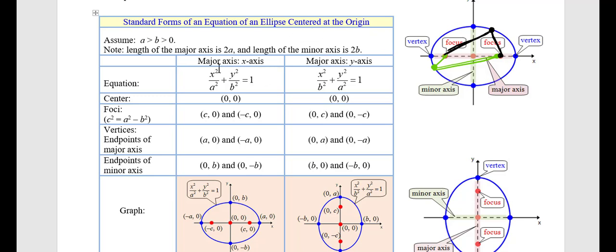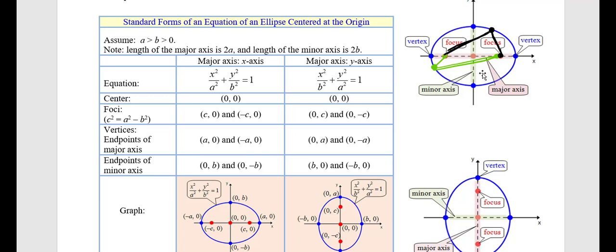So these are really the equations of these pictures we're picturing here, but in both of these equations, we're saying the length of the major axis is 2a. So whatever squared value we have here, that value without the square, that's like the distance from the center out to the vertex. From vertex to vertex is 2 times that, is 2a.